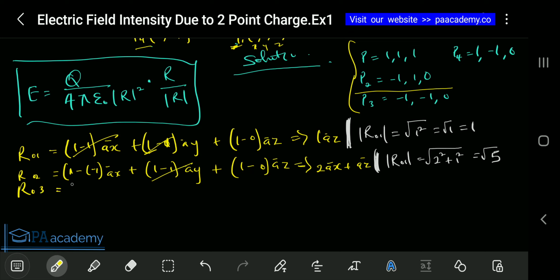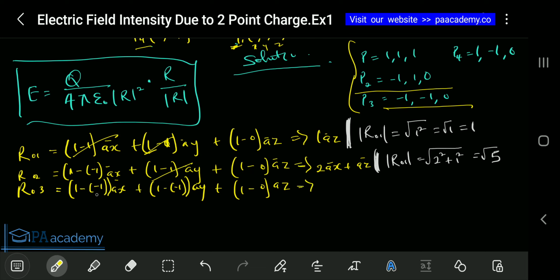For R03, that will be 1 minus 1 AX plus 1 minus 1 AY plus 1 minus 0 AZ.